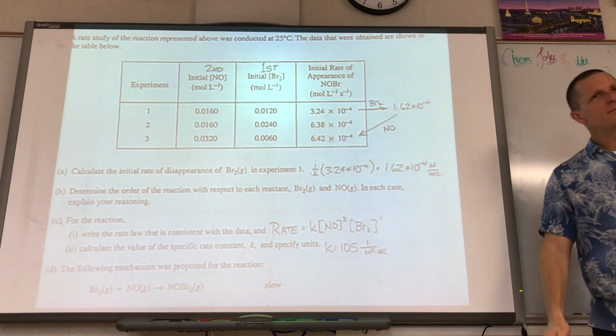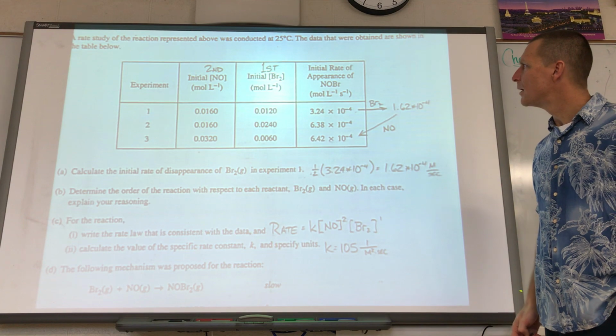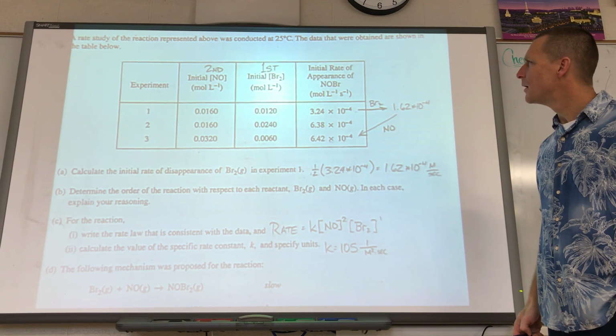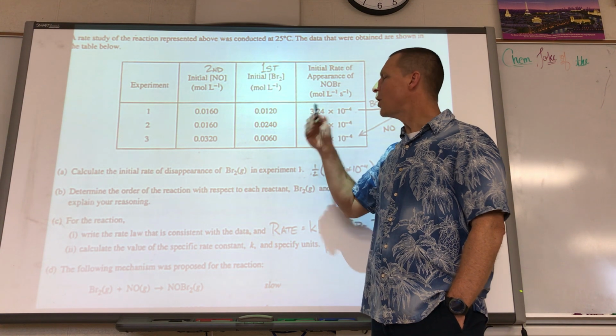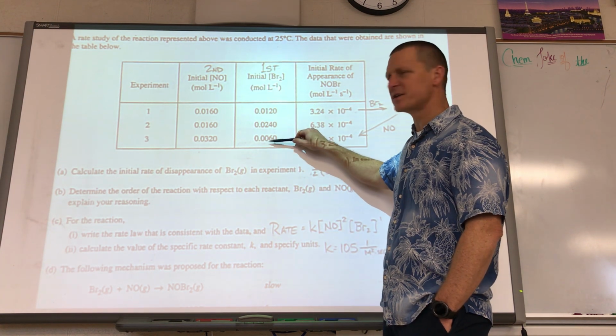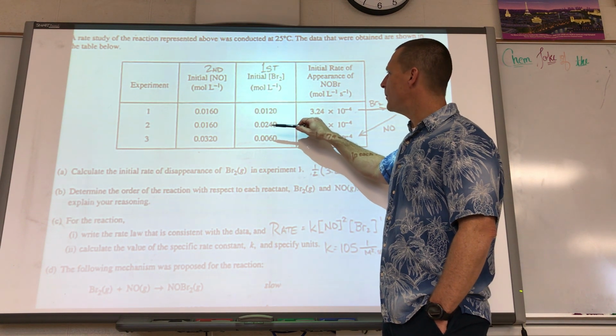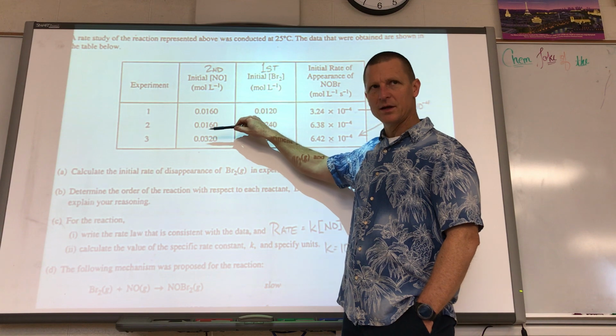Why do you not have to cut the initial of NO in half too? No, we're looking at how the rate is changing from this trial to this trial. So this is getting cut in half, and this is doubling.